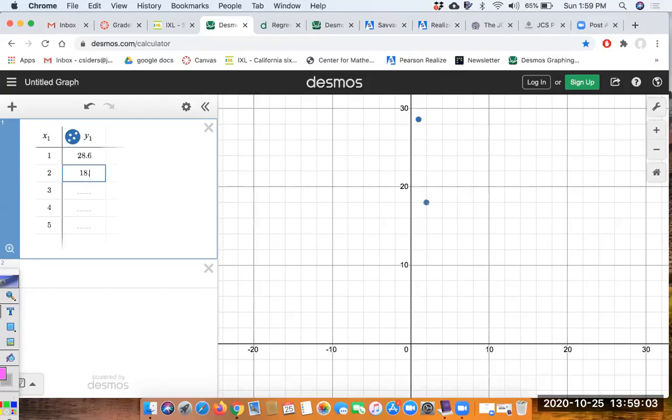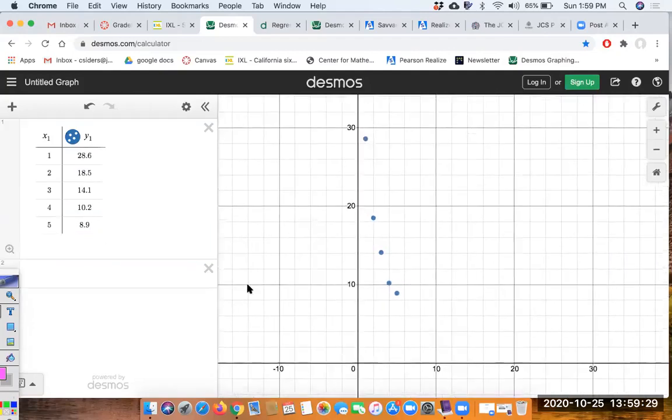It's a negative, it goes down because cars, their value goes down. Uh, 14.1. 4 years, 10.2, 5 years, 8.9. And then you click on the second one.